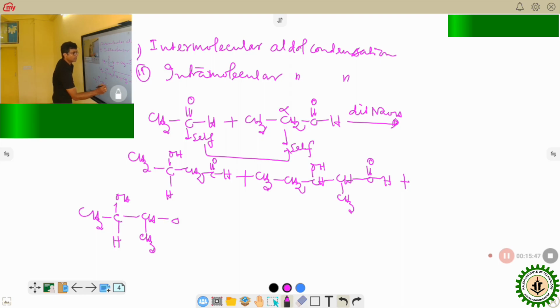So it will form this aldol, plus from this alpha hydrogen, that is this alpha carbanion, will attack another aldehyde molecule to give another aldol. So these are the cross products.